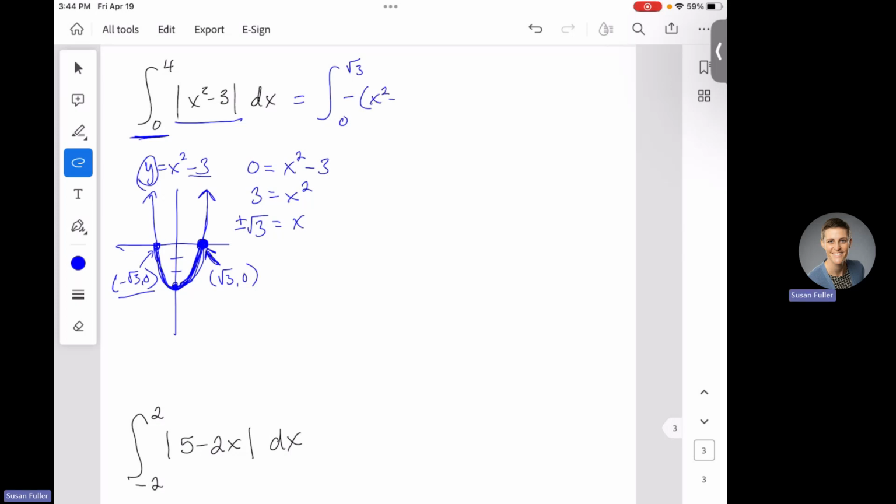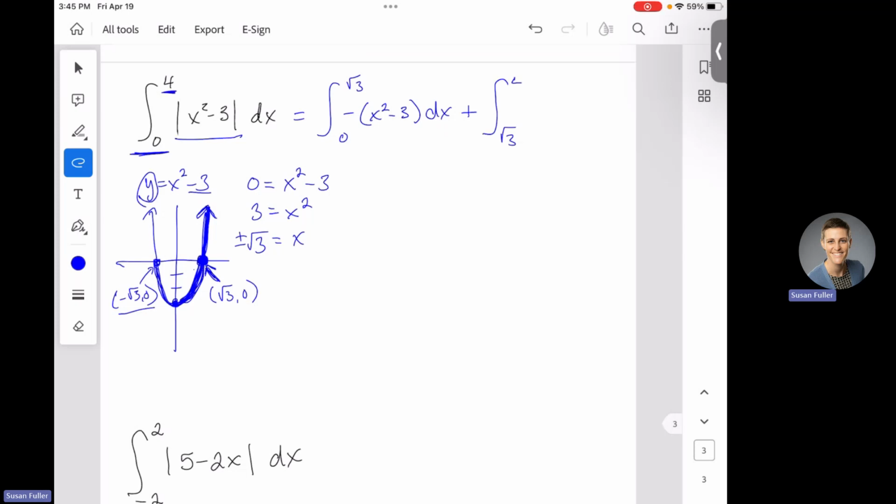It's really going to come out in the wash because you can pull constants out of an integral. So I'll just keep it on the inside this time. We're going to take our y values and multiply them by a -1 to turn these negative y values into positive y values. That way our area will end up being positive there. And then I'm going to add to that the places here where my y values are already positive. So that's going to be from my splitting point, the square root of 3, until the end of my integral, to 4.